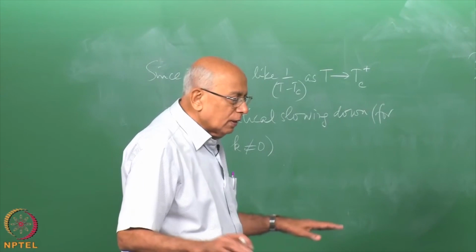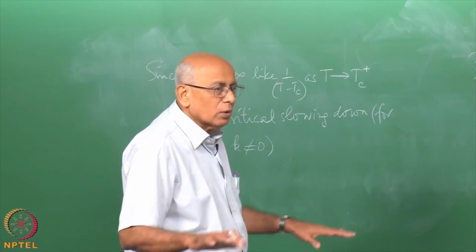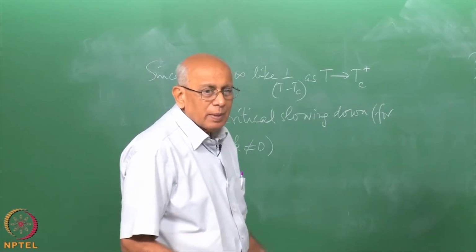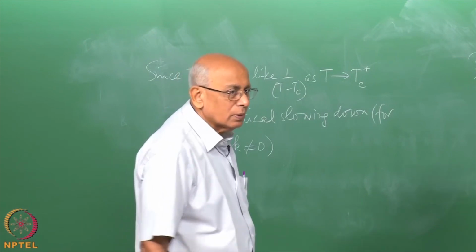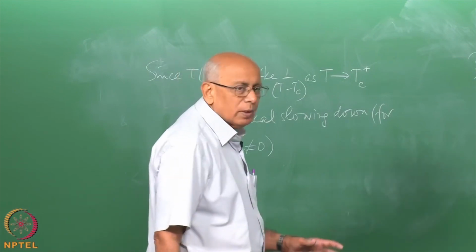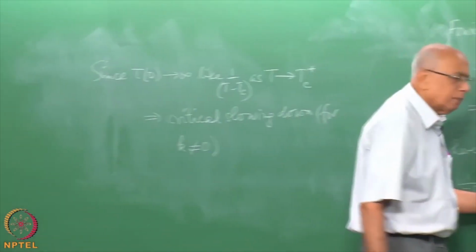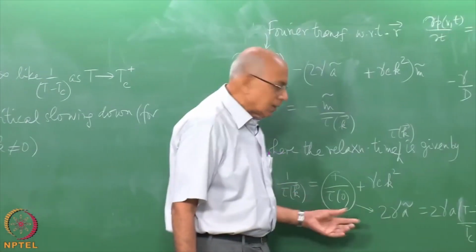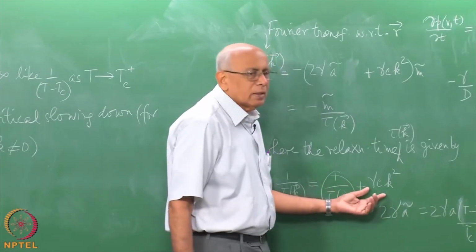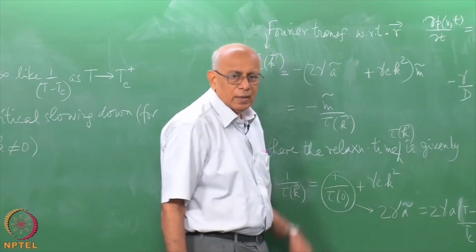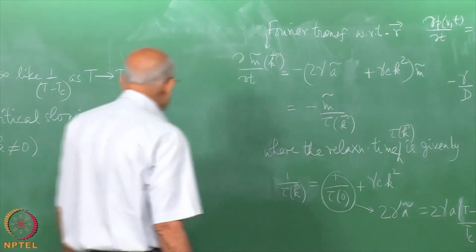It is only the infinitely long wavelength overall background mode that gets slowed down. The shorter wavelength ones will have finite relaxation time, because those are controlled by this quantity. As this becomes larger, this is finite, and therefore you have finite relaxation time, okay.